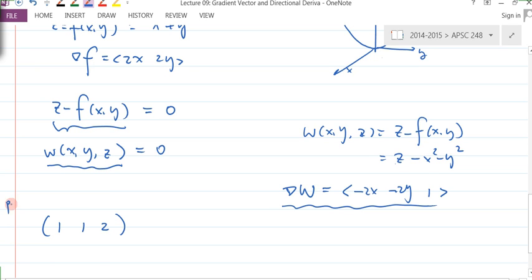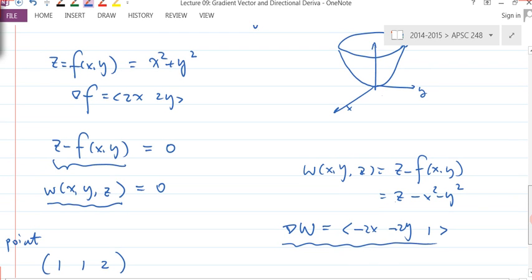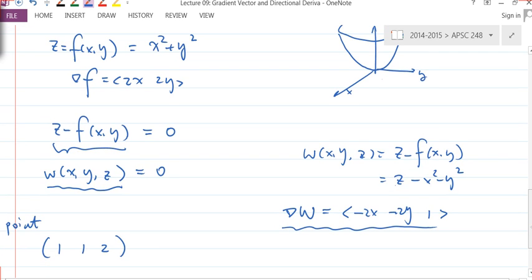That point satisfies z minus x squared minus y squared equal to 0, so this point is on this level surface.